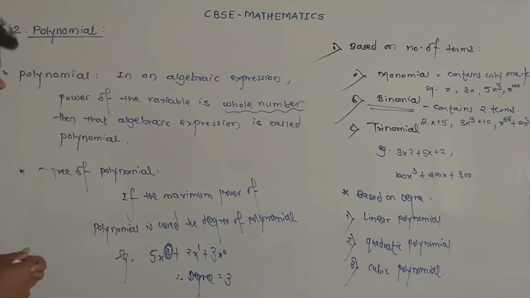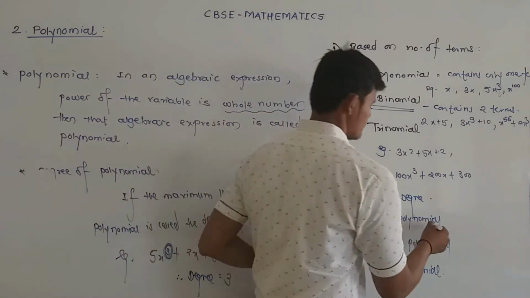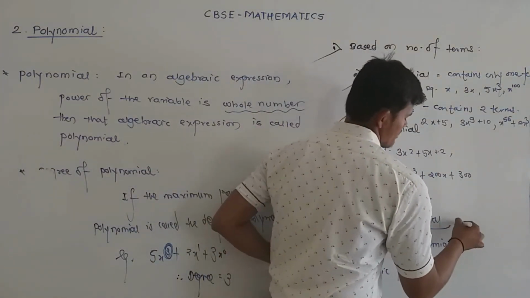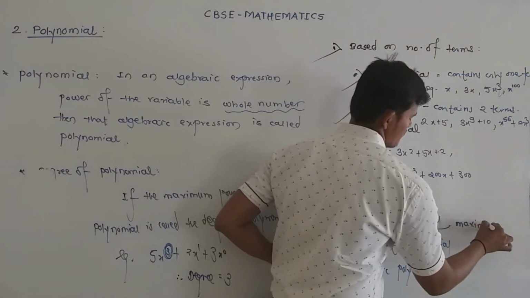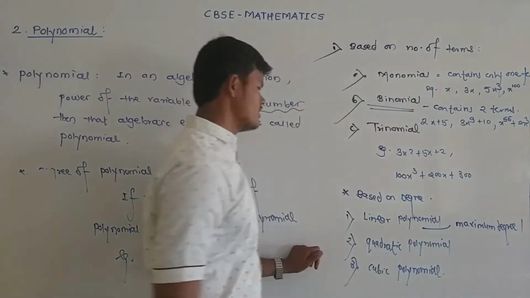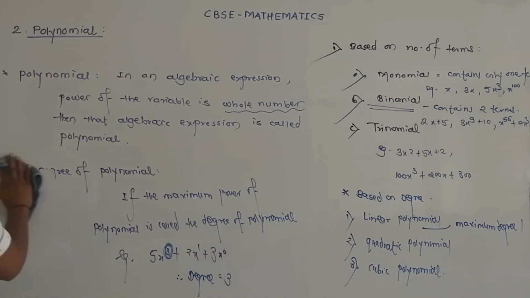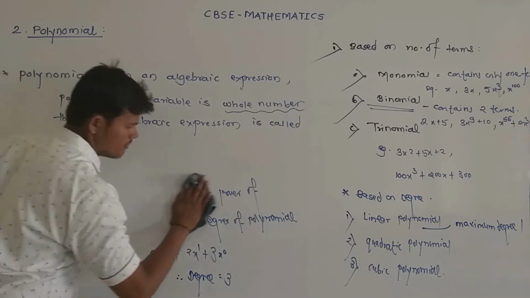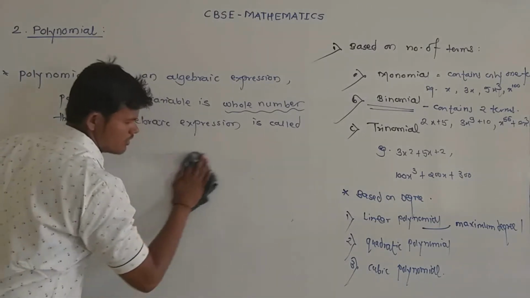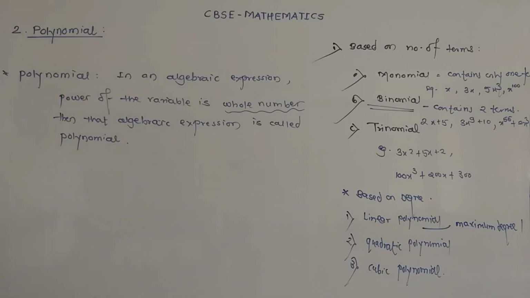A polynomial having maximum degree 1 is called linear polynomial. Then what is quadratic polynomial? Polynomial having maximum degree 2 is called quadratic polynomial. Then what is cubic polynomial? Polynomial containing maximum power 3 or maximum degree 3 is called the cubic polynomial.